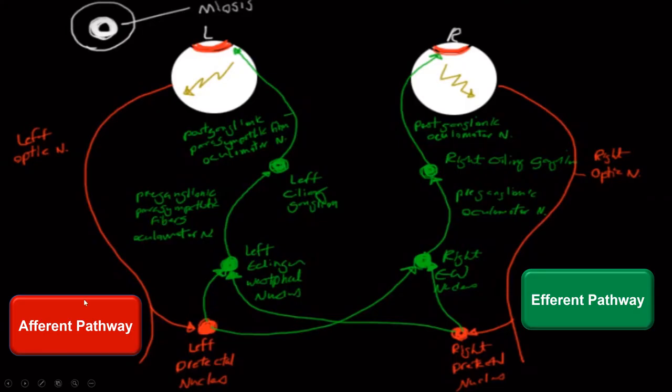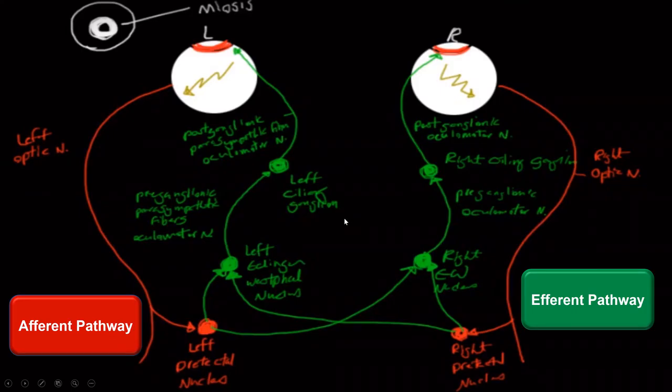So when should anisocoria happen? Anisocoria should happen when there is an efferent pathway defect affecting the pathway of the third nerve that will supply the constrictor pupillae muscle, or it could also happen if there is a lesion affecting the sympathetic pathway, which will control the dilator pupillae muscle.